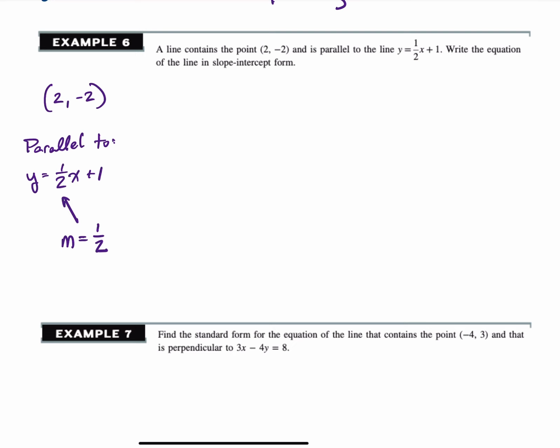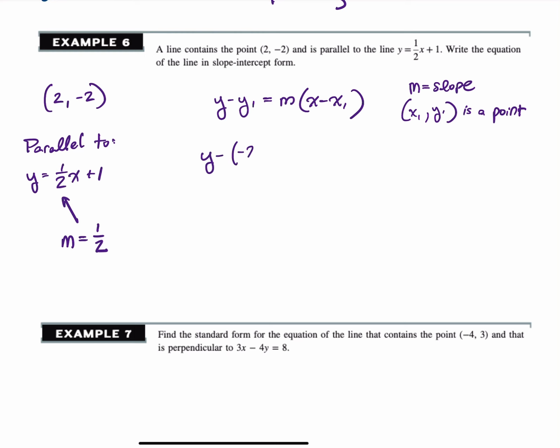So let's use point slope form. That was y minus y1 equals m times x minus x1, again, where m is our slope and x1, y1 is some point. And those are the two things we have here. So let's just plug into the formula. This would be y minus negative 2 equals 1/2 times x minus 2. So plugging in all our information. That minus negative will become a plus 2.